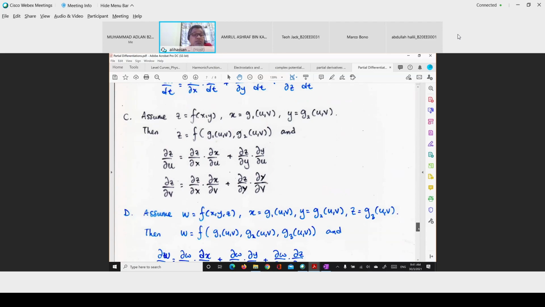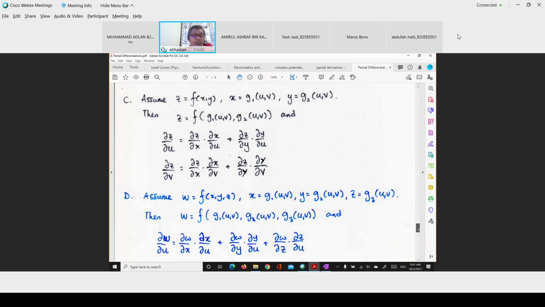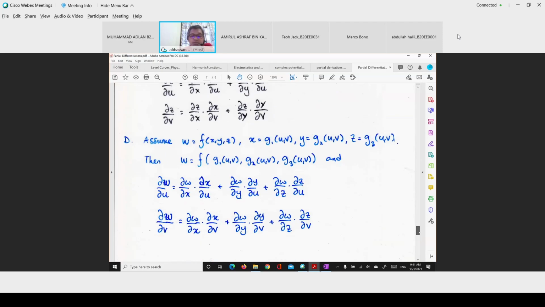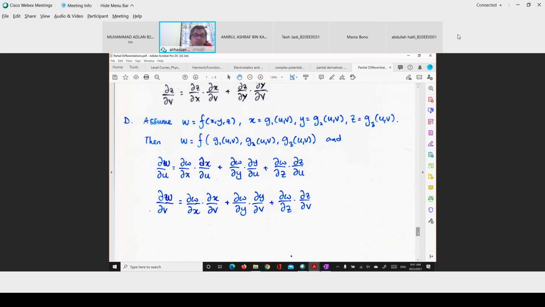I will discuss the remaining two chain rule for partial derivatives here. Do you have any question? Any question? It seems pretty quiet. So far, so good.